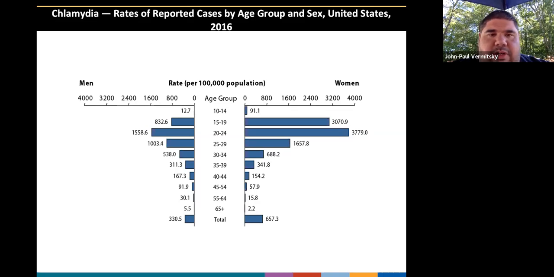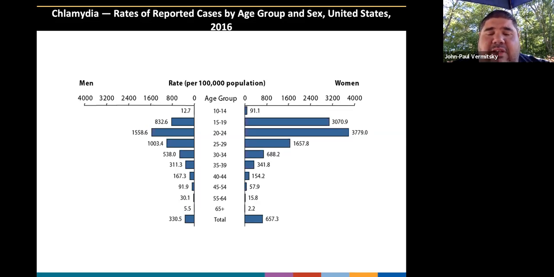However, the more disturbing fact is that the largest percentage increase that we've seen over the past decade or so has actually been in the 65 plus range. Although it doesn't account for large numbers, it's where we have seen the significant increase in percentage of cases.